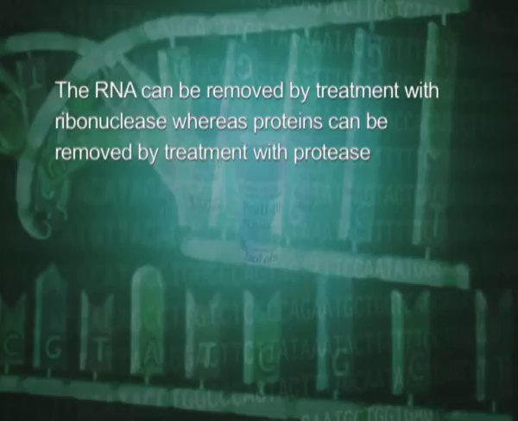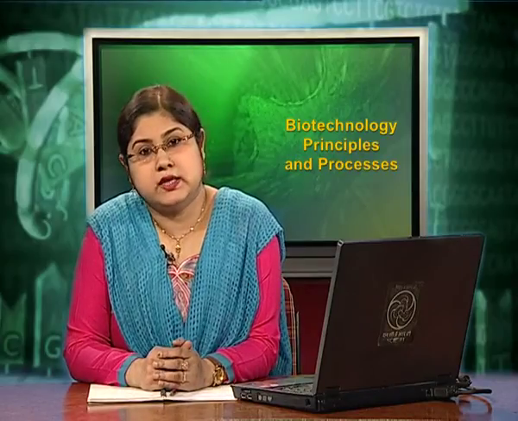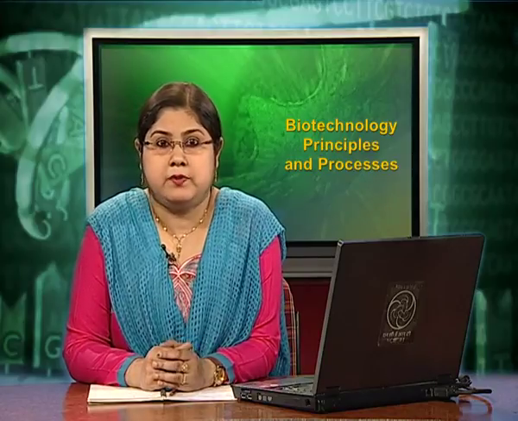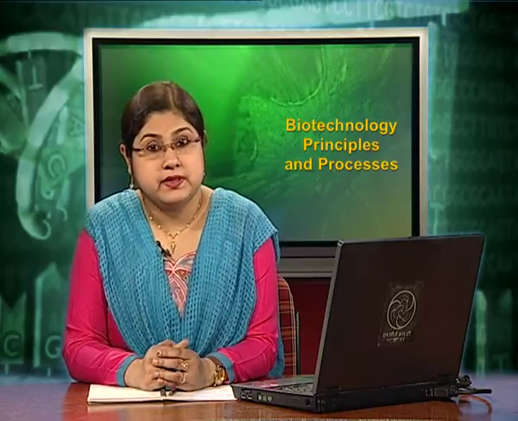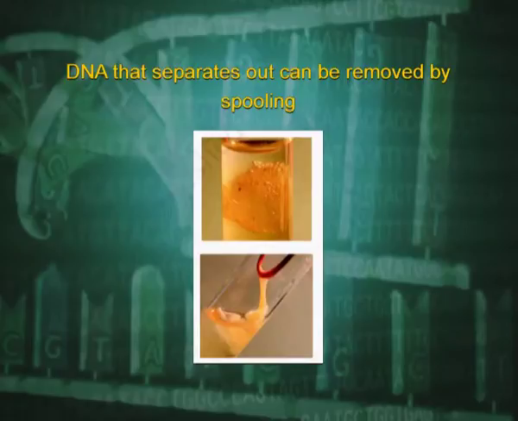The RNA can be removed by treatment with ribonuclease, whereas proteins can be removed by treatment with protease. Other molecules can be removed by appropriate treatments and purified DNA ultimately precipitates out after the addition of chilled ethanol. This can be seen as collection of fine threads in the suspension shown in this diagram.